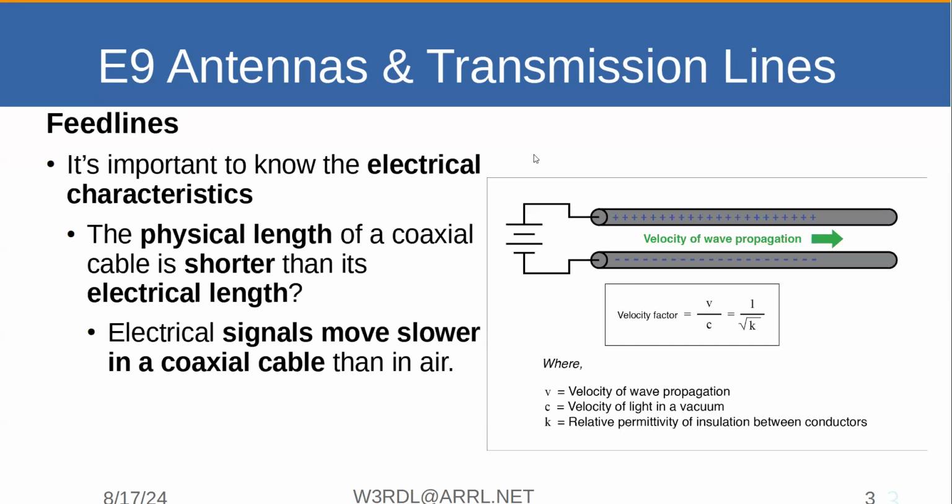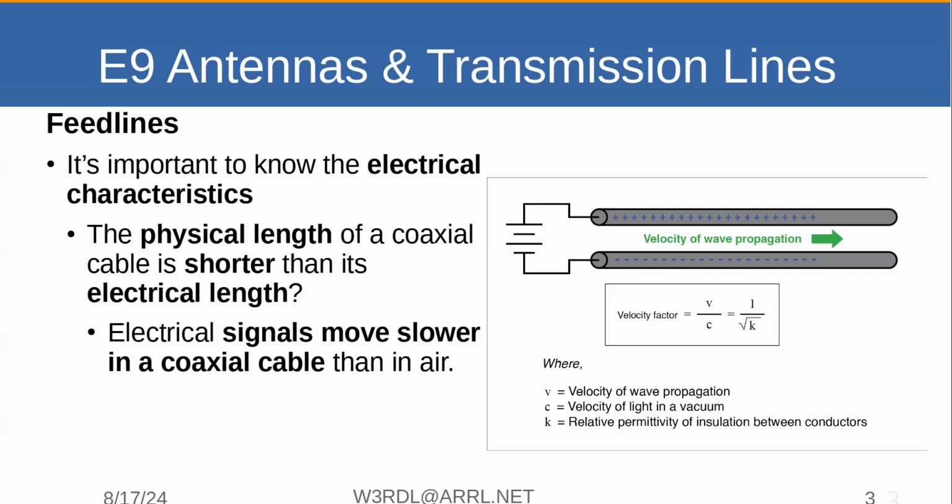So basically for a transmission line, whether it's coaxial or parallel line, it has a characteristic impedance, which is a function of the inductance and capacitance distributed along the line.